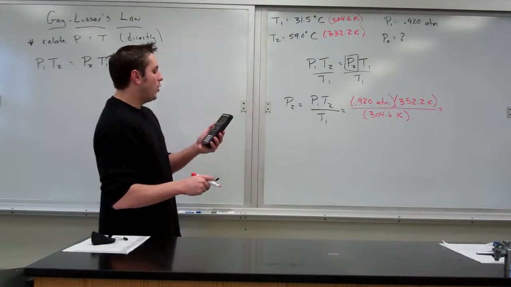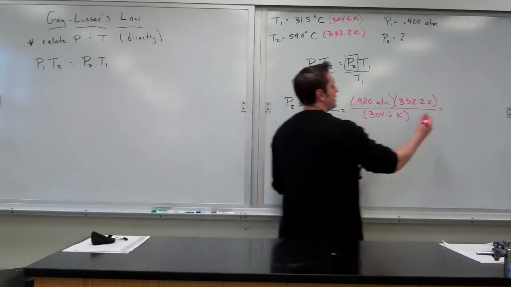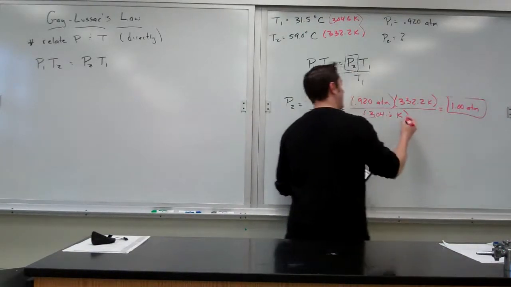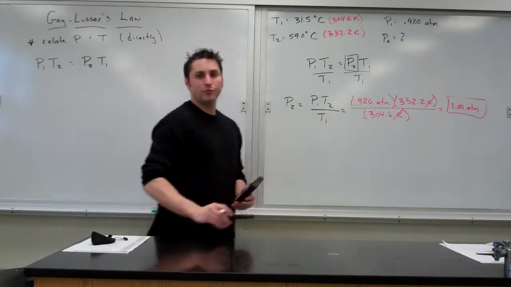I get 1.0033. I only get 3 sig figs, so 1.00 atm because my Kelvin cancels.